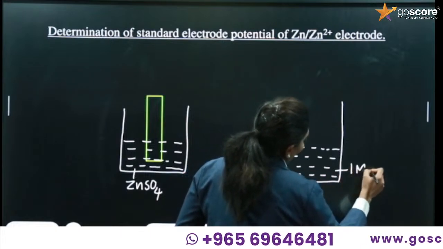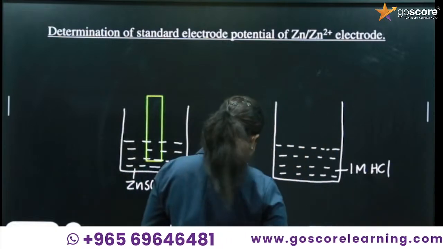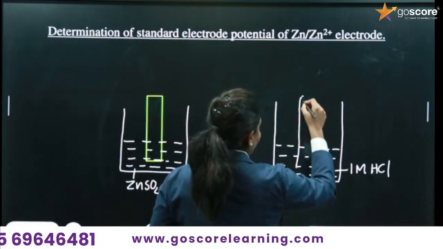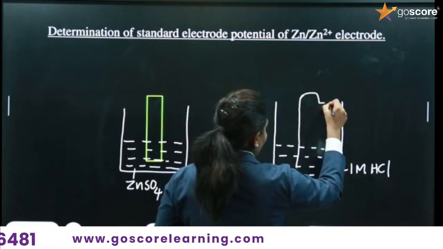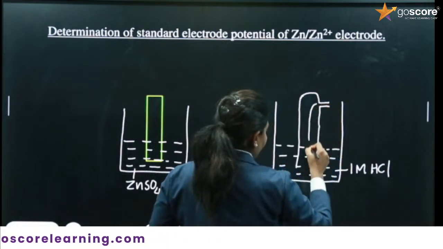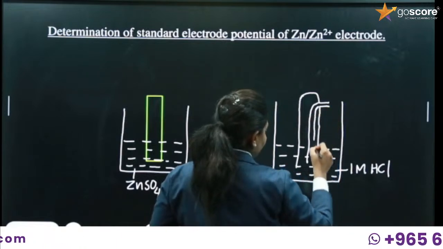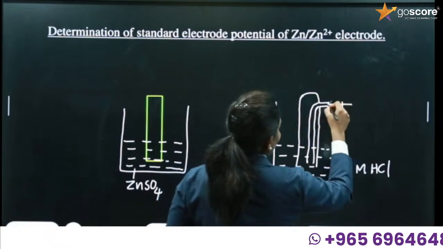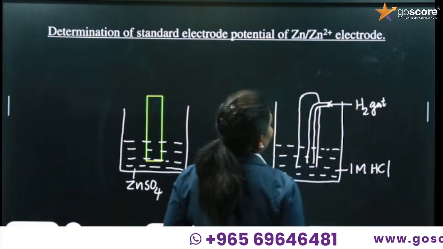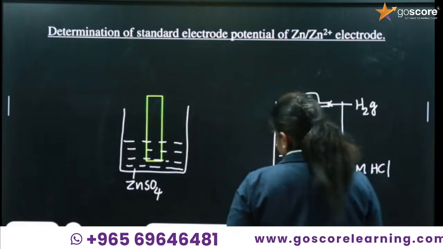This is the 1 molar HCl solution, and the same one we draw for the standard hydrogen electrode. There will be an inlet for the entry of hydrogen gas, okay, through which the hydrogen gas, okay, hydrogen gas at a 1 bar pressure will be coming.